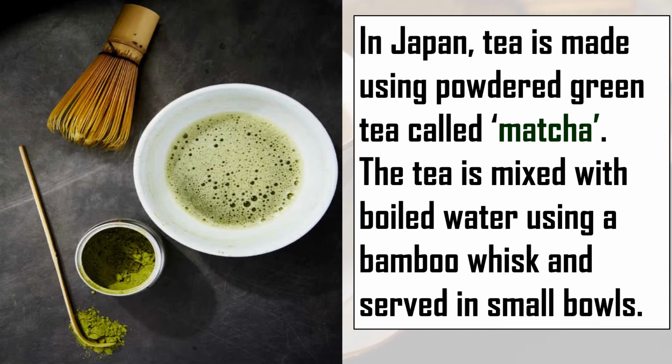You can see here in a bowl powdered green tea, called matcha. The special thing about it is that the tea is mixed with boiled water using a bamboo whisk. You can see a whisk over there, and then it is served in small bowls. See how differently people drink tea all over the world.